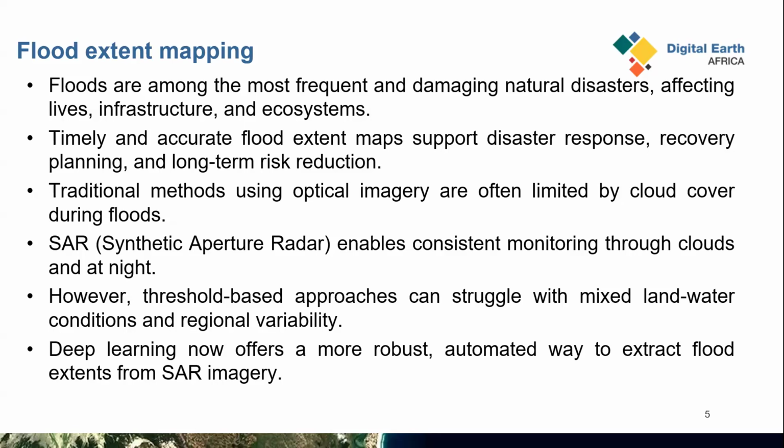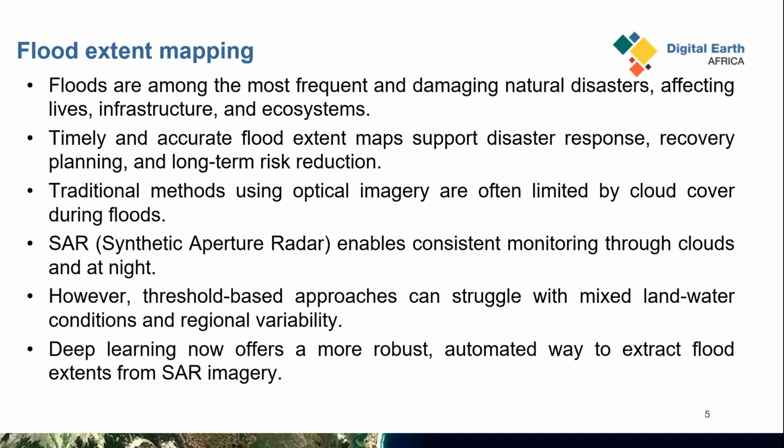Another thing to point out is, although we have showcased an example that we used SAR, Sentinel-1, for, we used a threshold approach where we just look at the radar backscatter, threshold it into water and non-water, and then classify areas that we consider to be flooded or new water that is introduced that constitutes flooding.